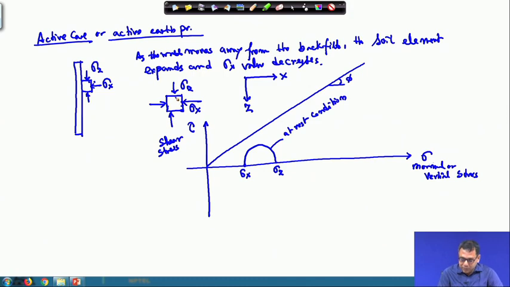Since sigma x reduces, the sigma x point will shift towards the origin, while sigma z remains the same. So the next Mohr circle will be something like this, where sigma x is decreasing and sigma z is constant.